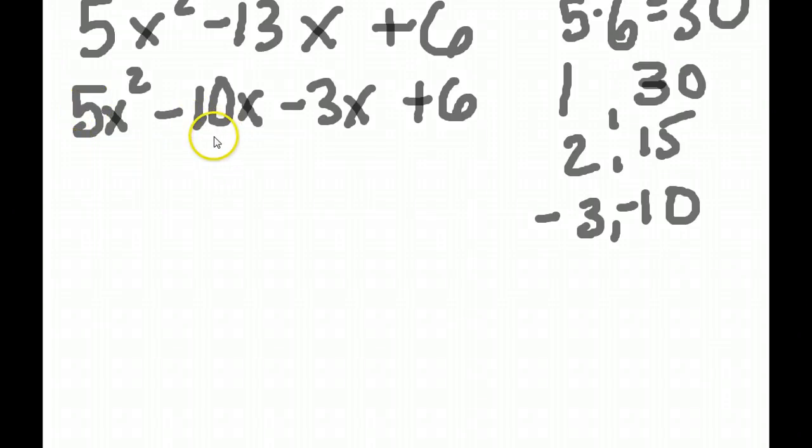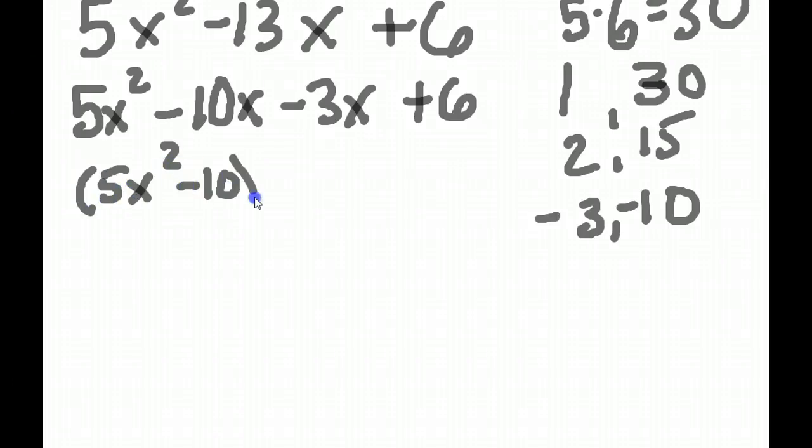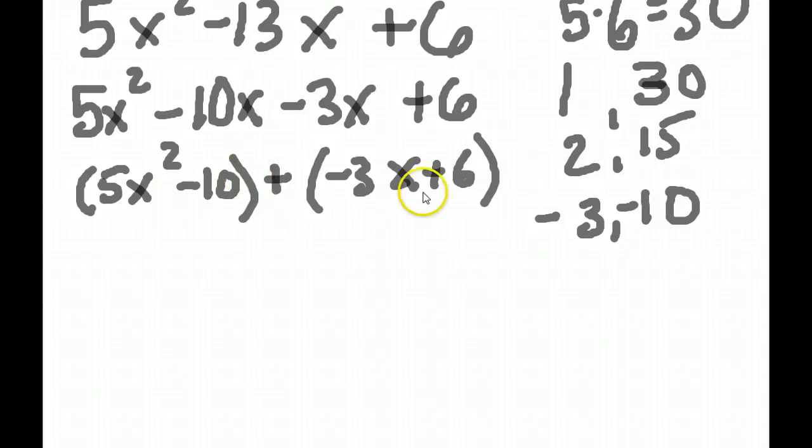Those have common factors we can pull out. So we have open 5x squared minus 10x close plus open negative 3x plus 6. So those two groups, because we want to end up with two polynomials.